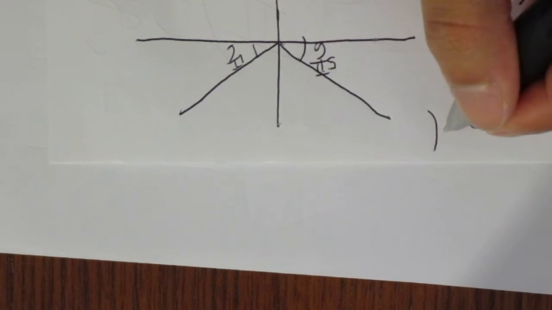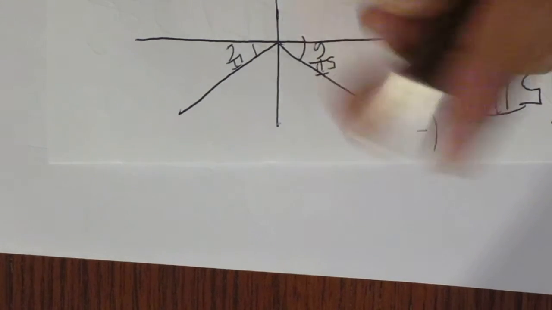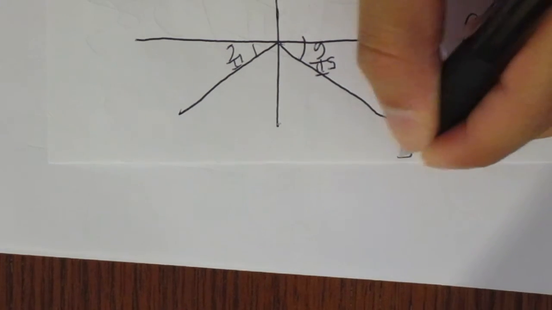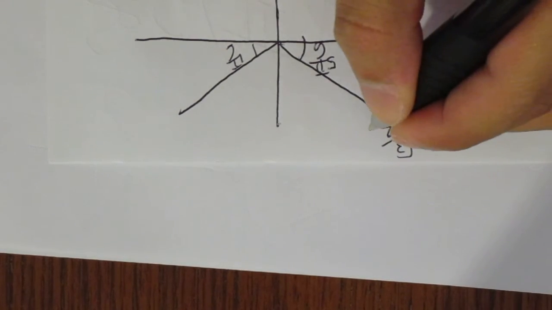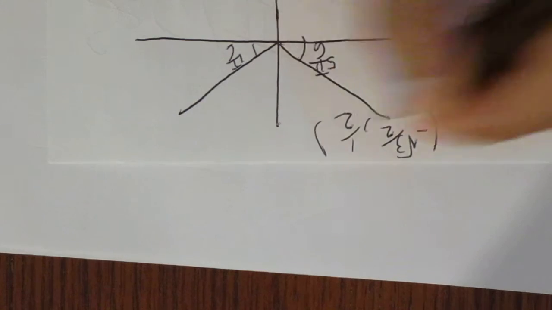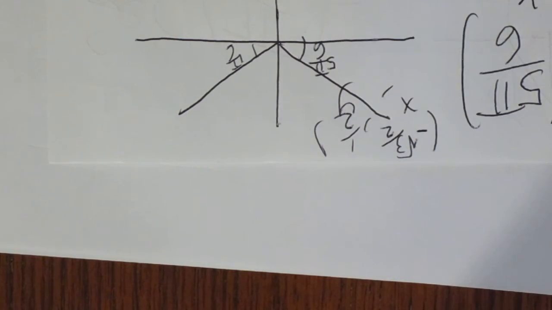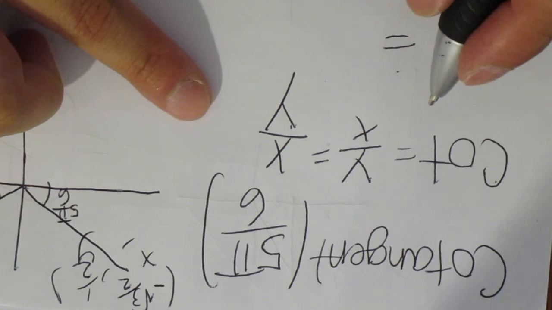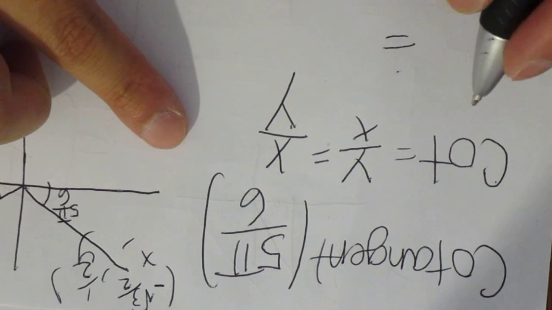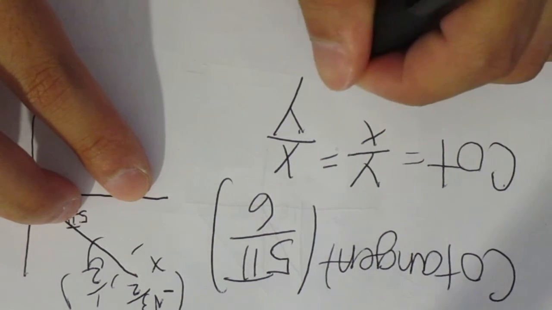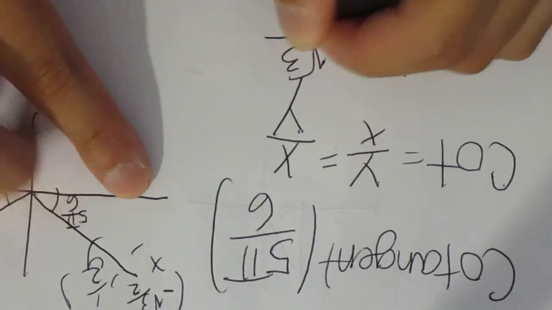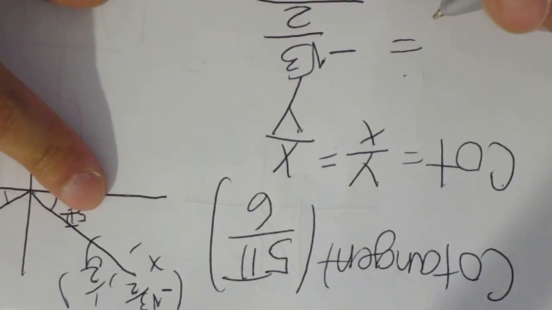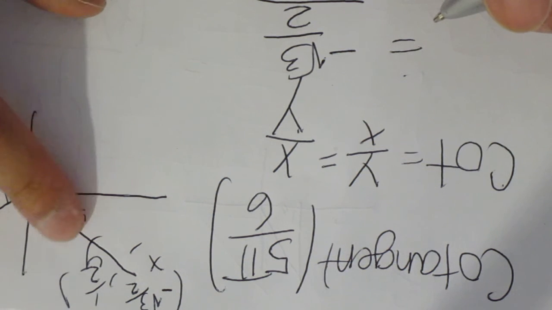So it's going to have a negative cosine, because it's in quadrant 2, negative √3/2, and a positive sine of 1/2. Here's your x and here's your y. So cotangent is x over y. So x is negative √3/2 over y, which is 1/2.